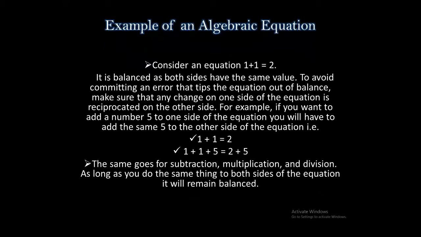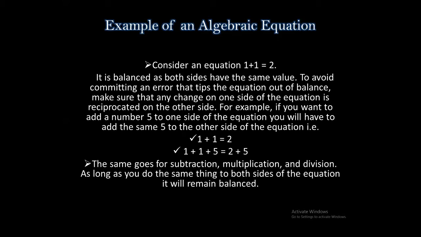Example of an algebraic equation. Consider the equation 1 plus 1 is equal to 2. It is balanced as both sides have the same value. To avoid committing an error that tips the equation out of balance, make sure that any change on one side of the equation is reciprocated on the other side.